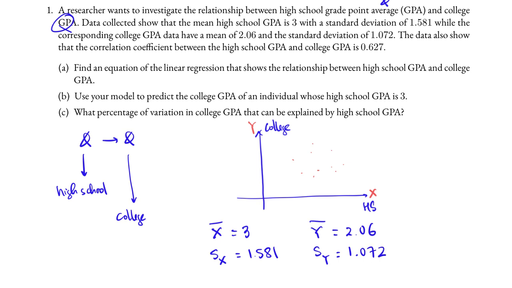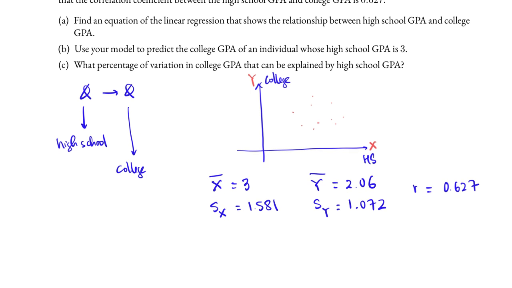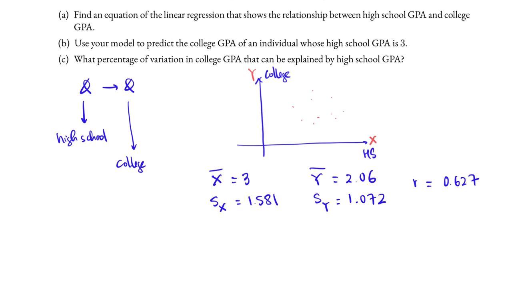The correlation coefficient between the two GPAs is 0.627, so r equals 0.627. So we summarize the 5 statistical values that were given in the problem. We can answer part A now.